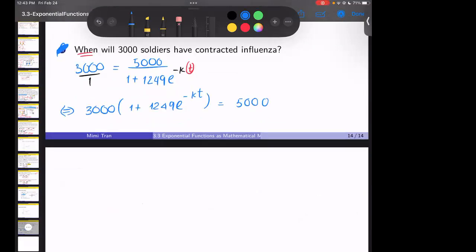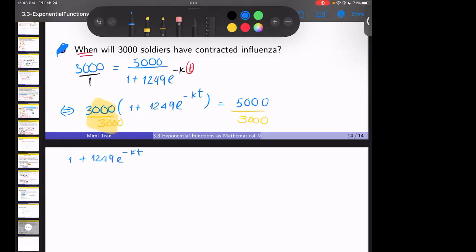Slightly different, I'll divide both sides by 3,000. Or you can add, it doesn't matter, your answer should be the same. So divide both sides by 3,000. Like that, that's gone, right? So I have 1 plus 1249 e to the negative kt.